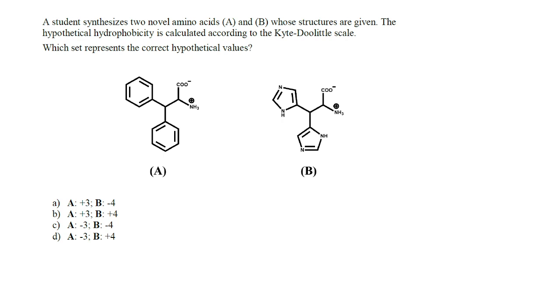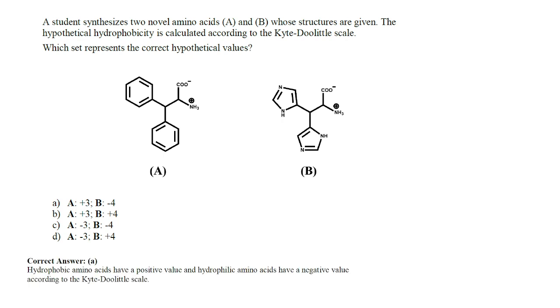So hydrophobic amino acids have a positive value and hydrophilic amino acids have a negative value according to this scale. So which one will be hydrophobic? Will this be hydrophobic or this one?